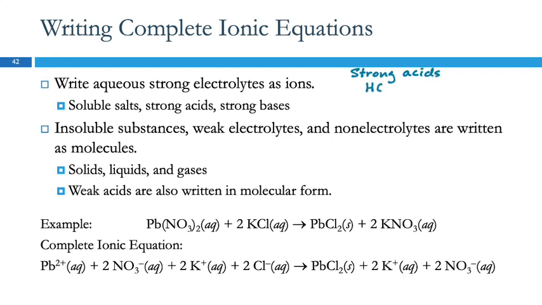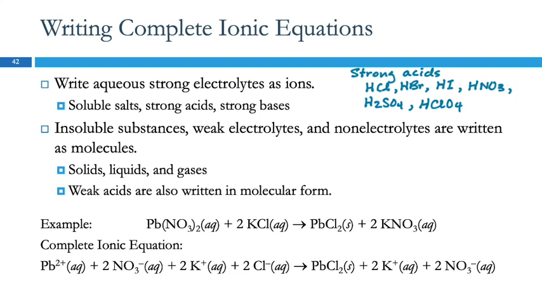So we've got HCl, HBr, HI, HNO3, H2SO4, and HClO4. So these are strong acids. If we see those in an equation and we're writing a complete ionic equation, we're going to separate those into ions.